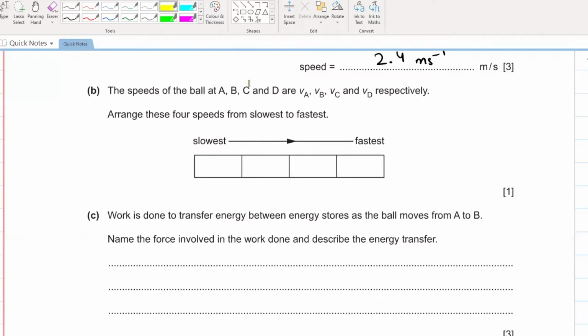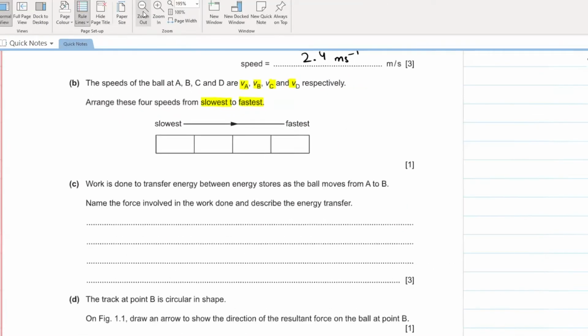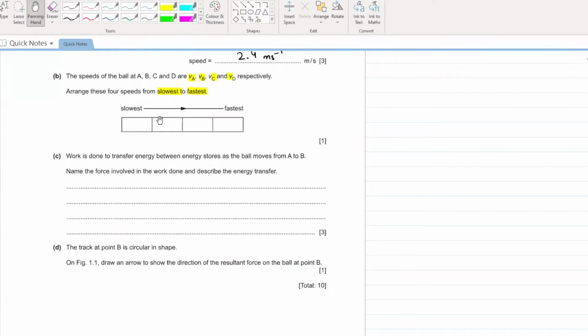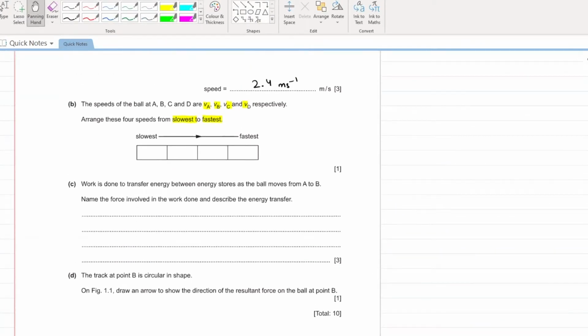The speed of the ball at A, B, C, D are VA, VB, VC, VD respectively. Arrange these four speeds from slowest to the fastest. Beta, now you needed some sense here. You have to arrange these speeds from the slowest to the fastest.